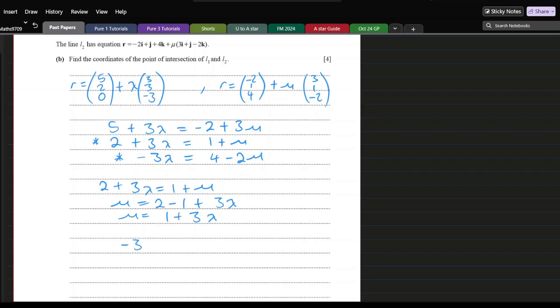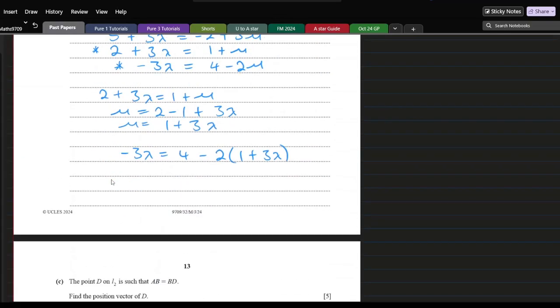Negative 3 lambda is equal to 4 minus 2 mu, and mu is 1 plus 3 lambda. So negative 3 lambda is equal to 4 minus 2 minus 6 lambda, that's 2 minus 6 lambda. We get 3 lambda is 2, which means that lambda is equal to 2 over 3.